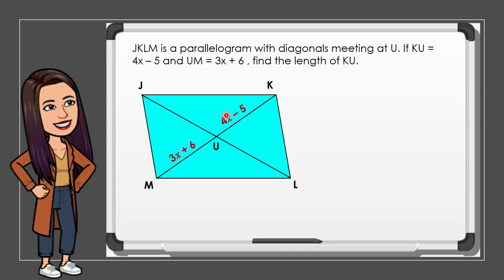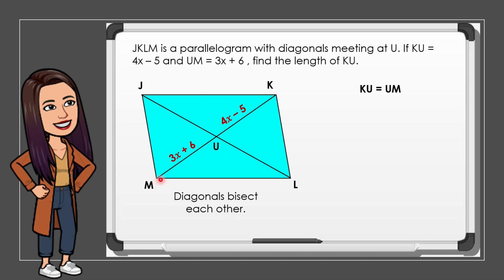So to find that, let us find first the value of x. Let us now see the relationship of KU and UM. Since the diagonals bisect each other, it means that KU and UM are congruent or equal.